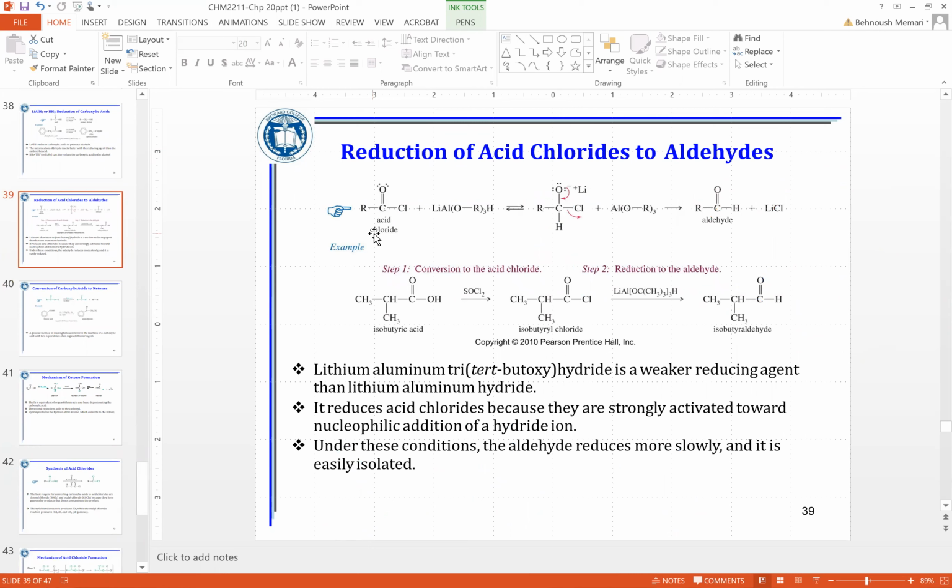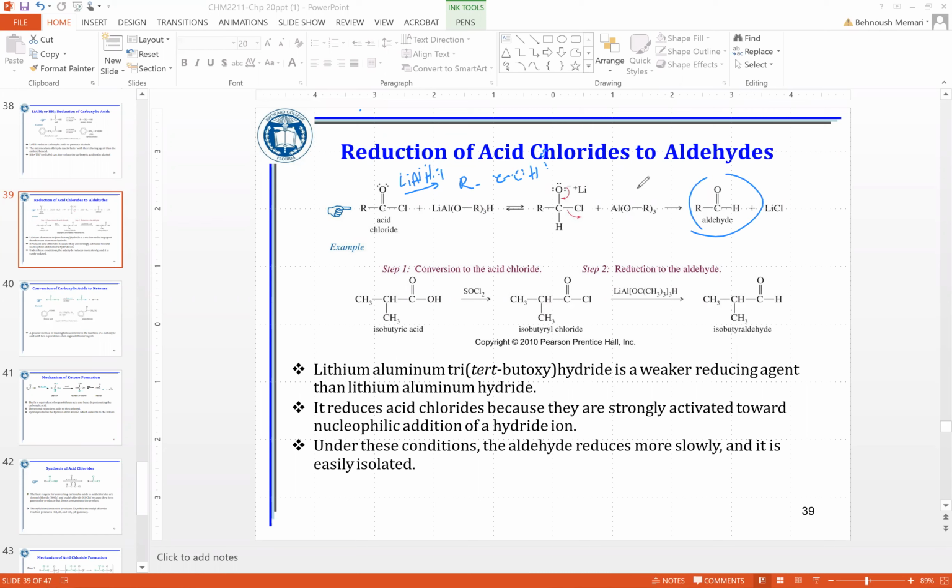Okay, so with acid chlorides, we have an acid chloride here. What happens if you add LAH, lithium aluminum hydride? It will change to ROH, a primary alcohol.